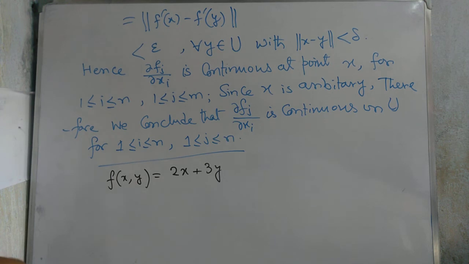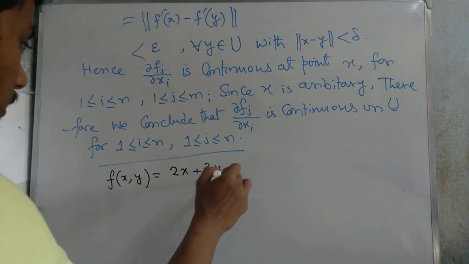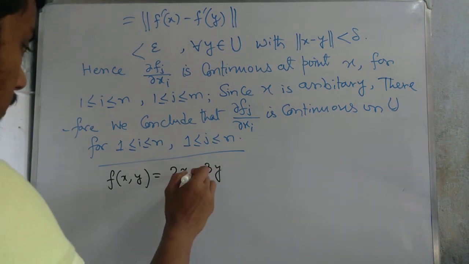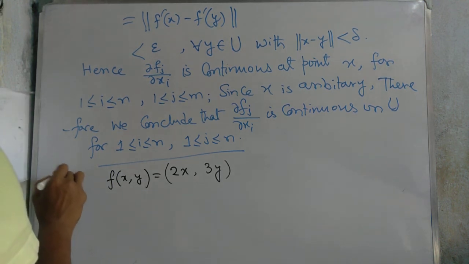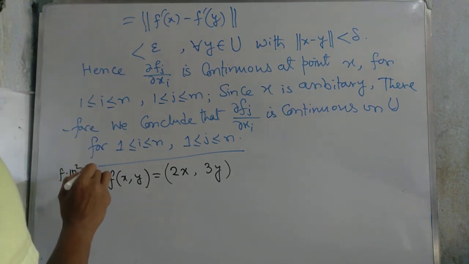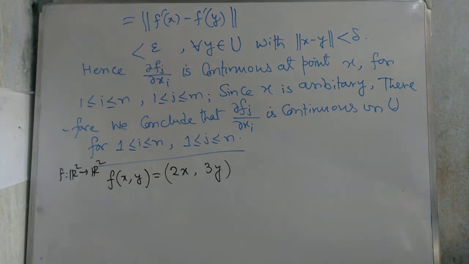Then we know that this is obviously a continuously differentiable function. Here we write another one, f(x,y) equal to (2x, 3y), that means f from R square to R square.